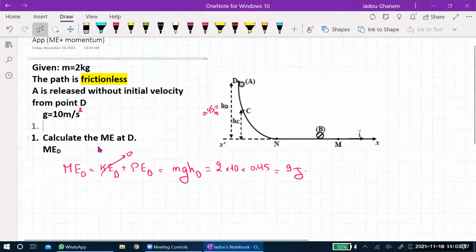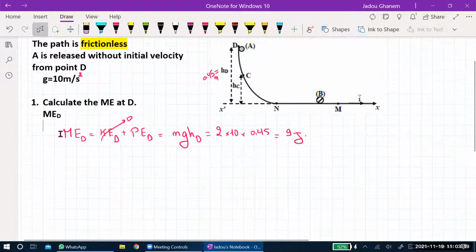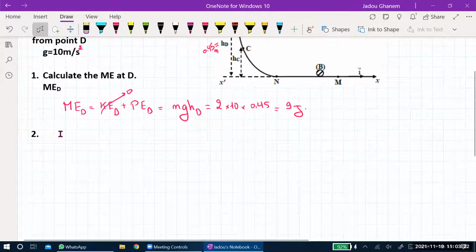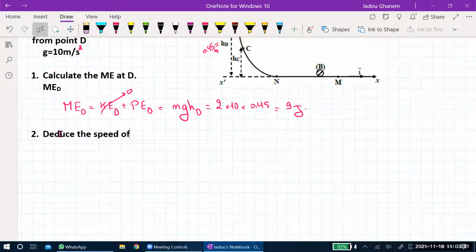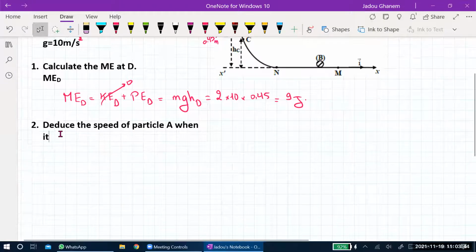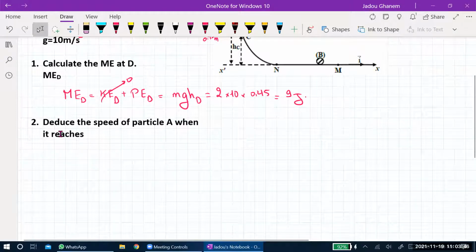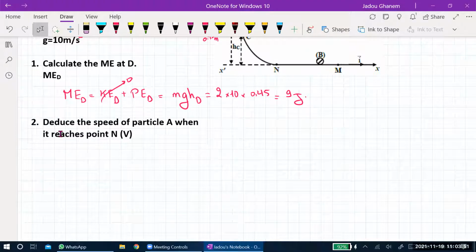Else, I'm going to write the second question, which is number 2. Part 2, deduce the speed of particle A when it reaches point N, and they gave us the name for that.